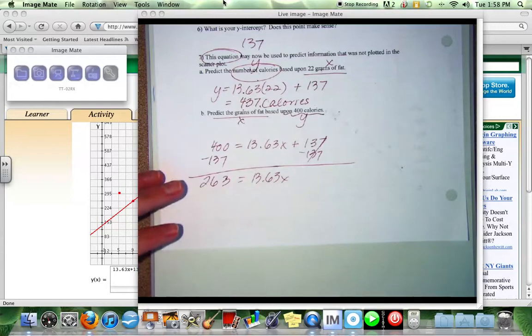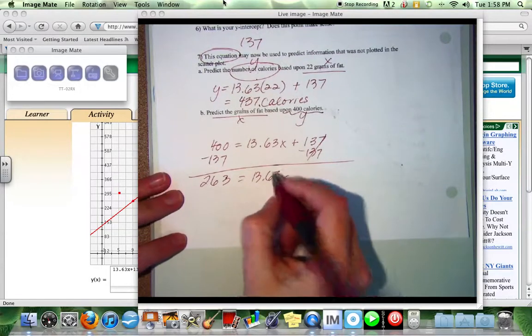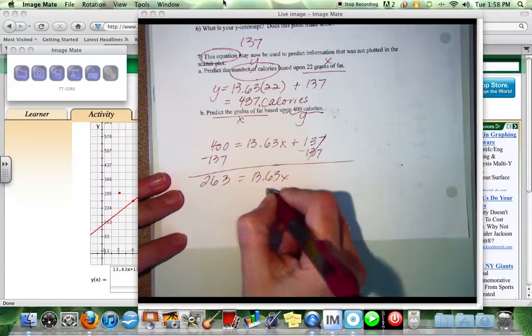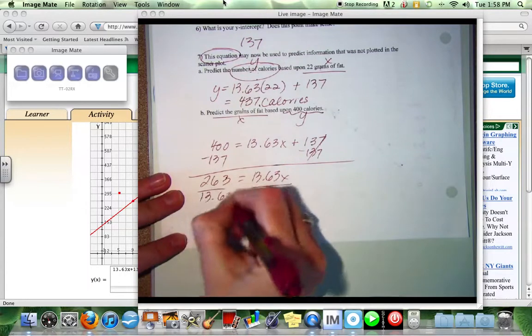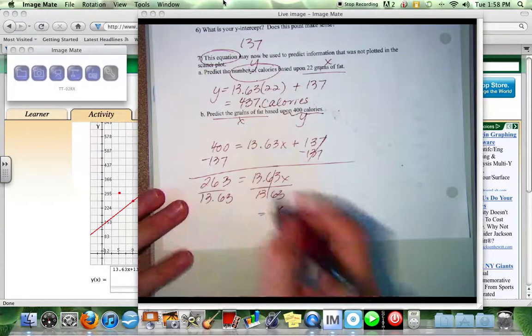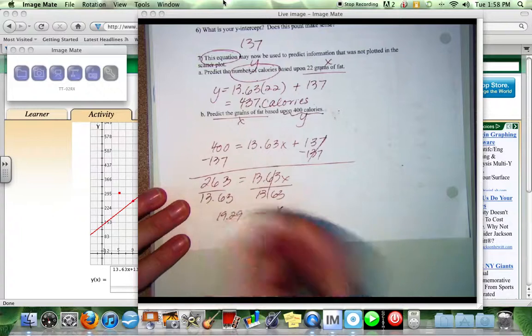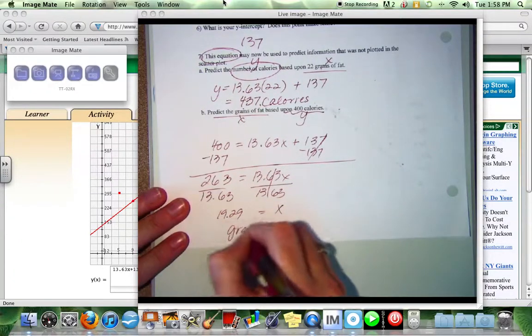What do I do now? You divide by 13.63. So x equals 19.29. What are my units? Grams.